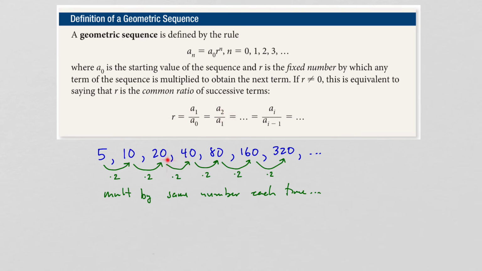So if I pick any two successive terms and I just divide them, that will give me the common ratio as well. So I could take 40 divided by 20, for example, right? That would be 2. Or I could take 320 divided by 160. That would also be 2. So in a geometric sequence, we are just multiplying by the same number every time.